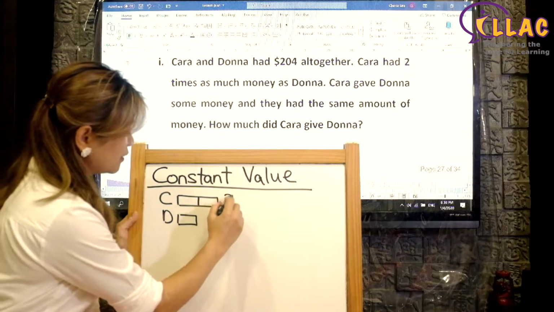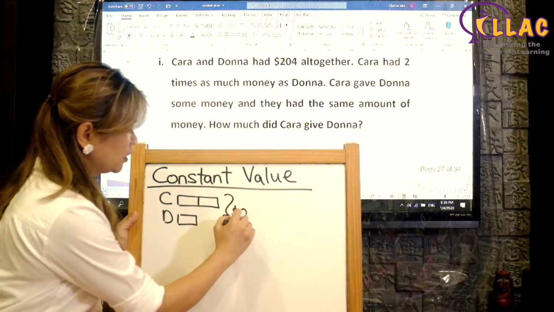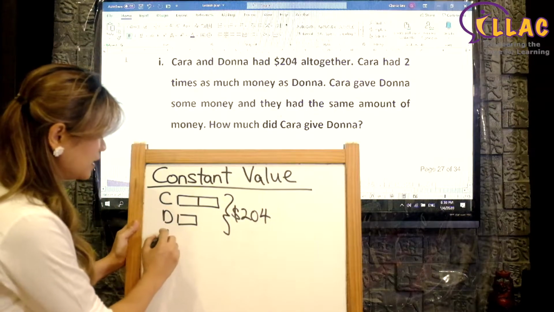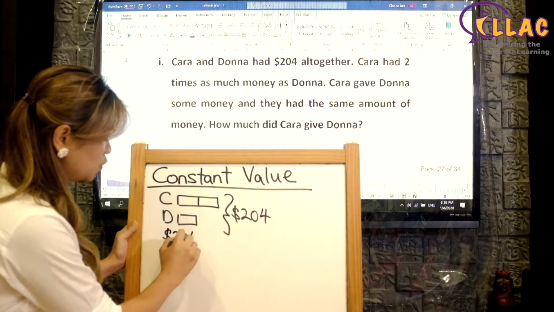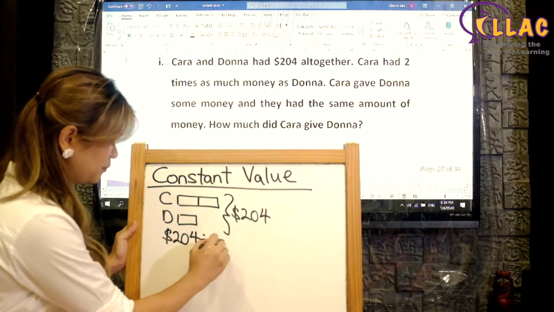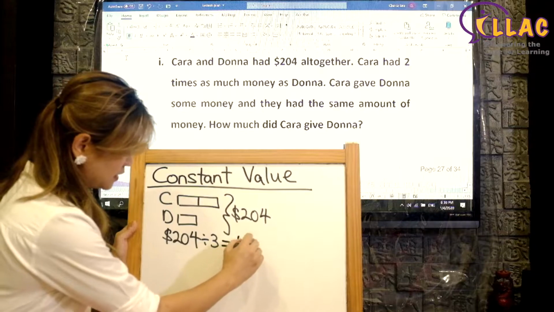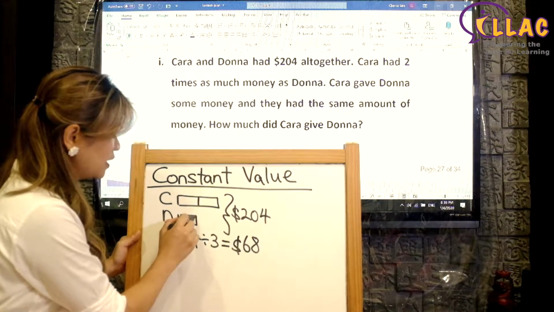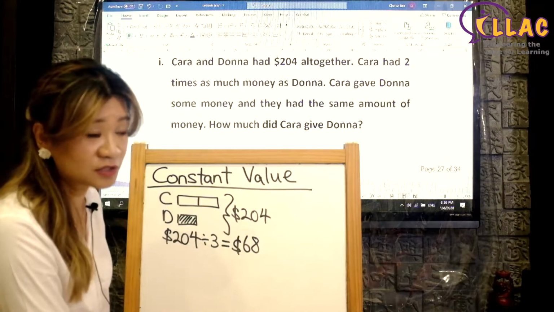Altogether, they had $204. So each unit will be 204 divided by 3, and you get $68. Which means this 1 unit that Donna has is $68.